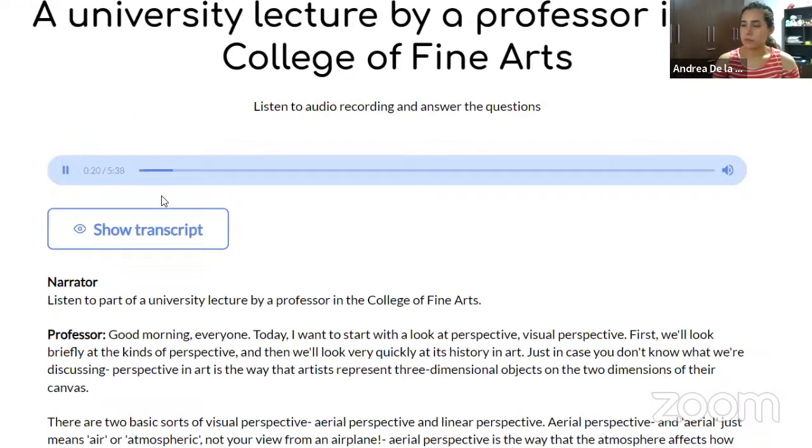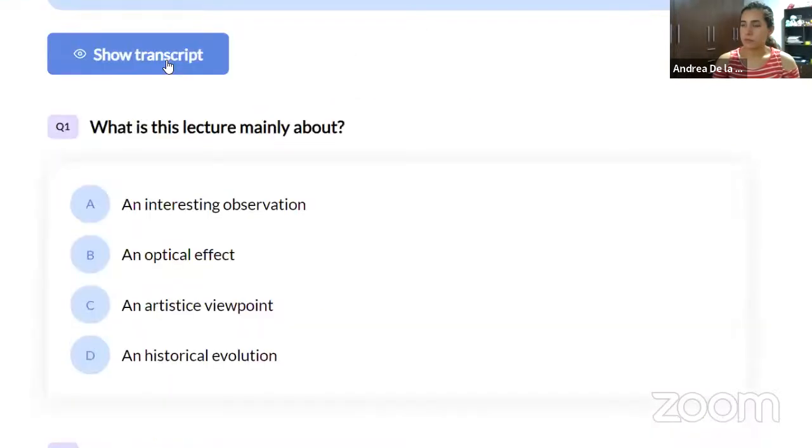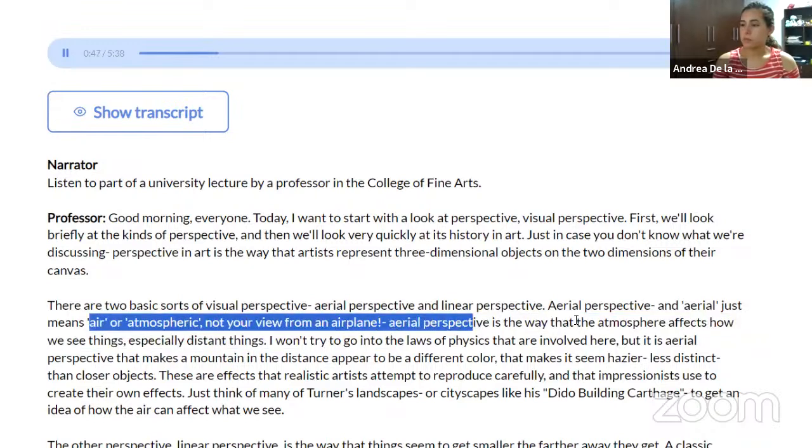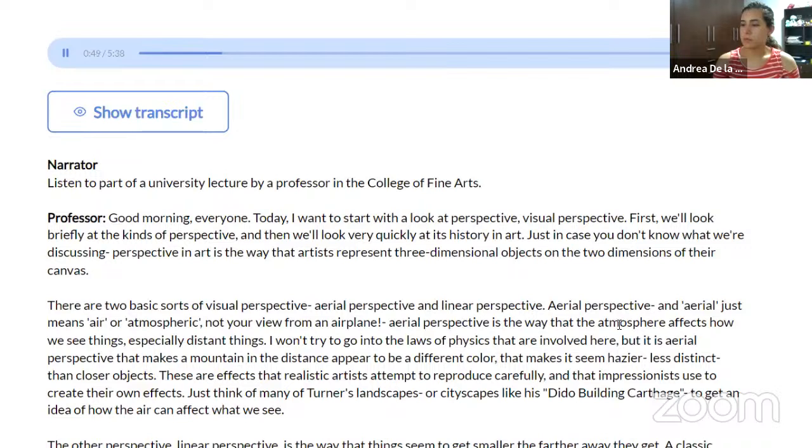In case you don't know what we're discussing, perspective in art is the traditional. There are two basic sorts of visual perspective. Aerial perspective, and aerial just means air or atmospheric, not your view from an airplane. Aerial perspective is the way that the atmosphere affects how we see things, especially distant things.